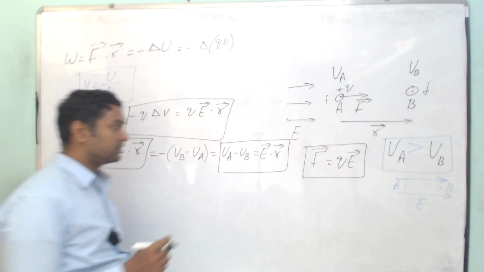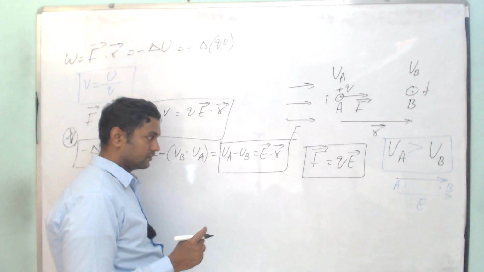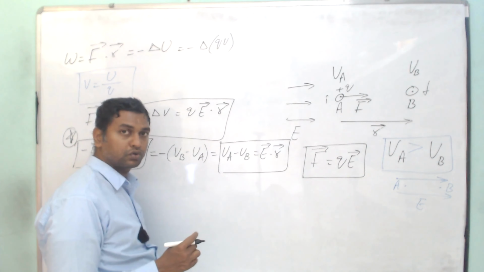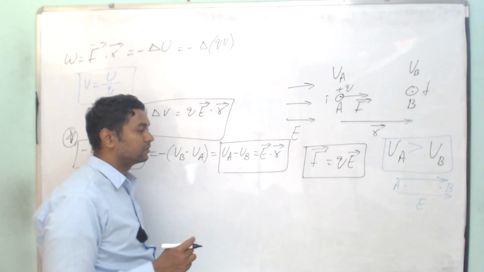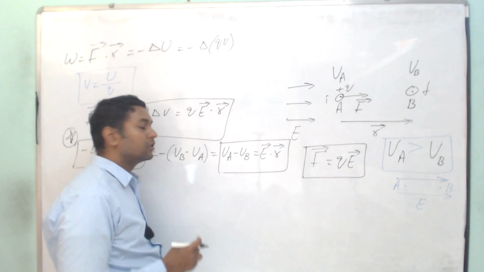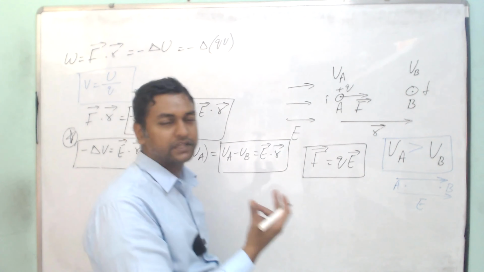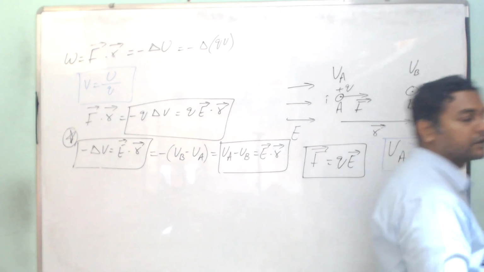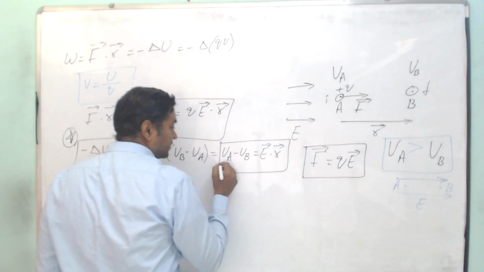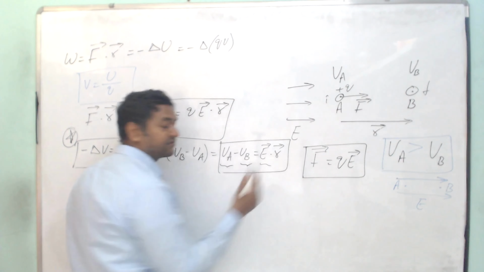It doesn't matter how we subtract, there won't be any change if we do VB minus VA or VA minus VB, if we take the modulus of it. The physics part of it tells me that I'm going from higher potential to lower potential when there is an electric field. That's why this is.